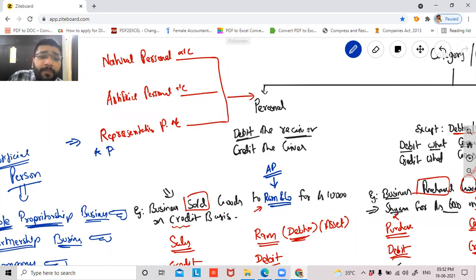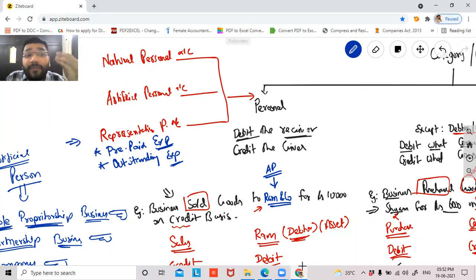So, prepaid expenses, outstanding expenses. Now you say, sir, this has the flavor of expense, so I should go to nominal. No. The name is expense, but the flavor is not expense. Why? Because if you see the prefix, it is prepaid, it is outstanding. So these have the nature of assets and liabilities.